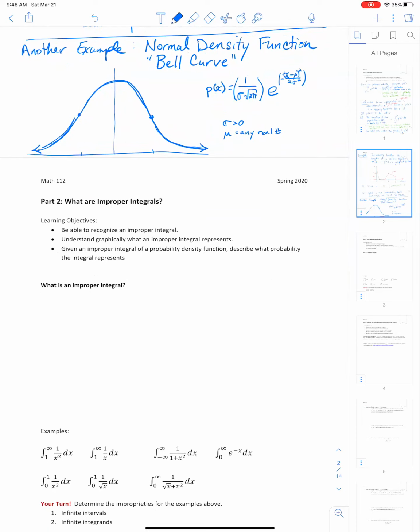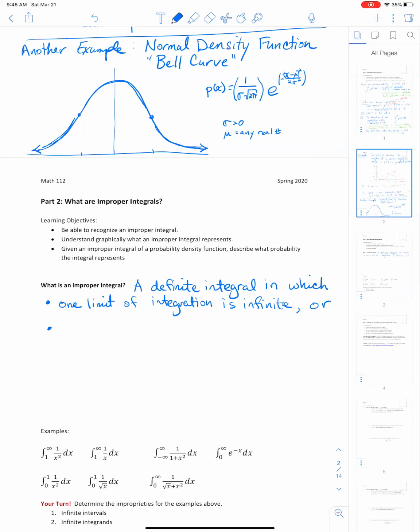So just to give you a quick definition of what an improper integral is, it is a definite integral in which, case 1, one limit of integration is infinite, or, case 2, the integrand is unbounded.